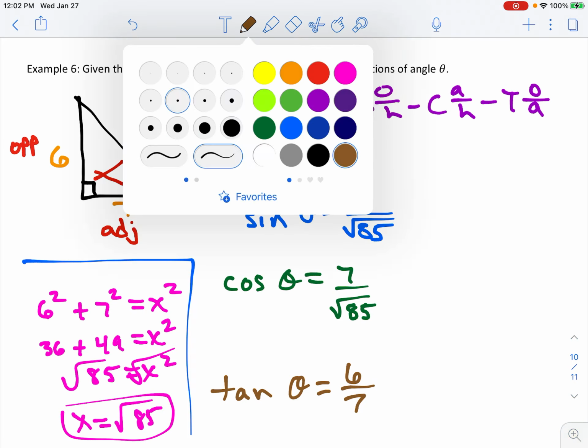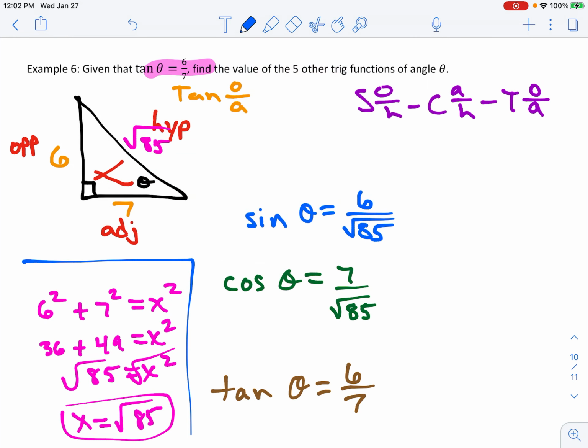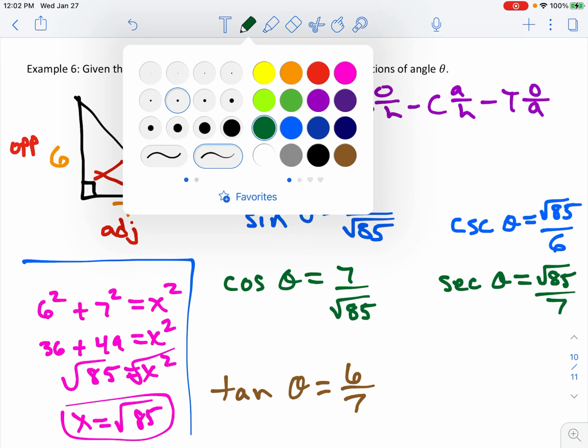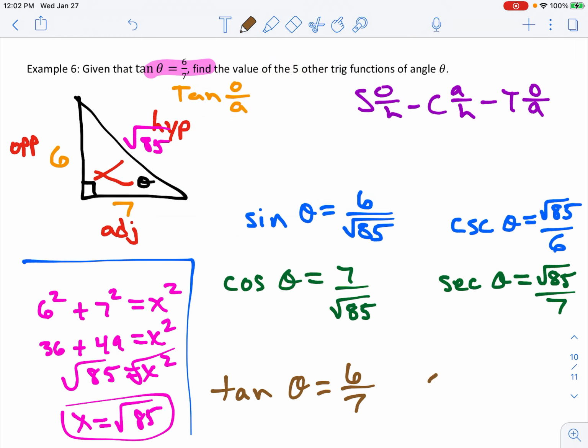After we list our big 3, let's go back and let's list the other 3. So cosecant would be it flipped, so square root of 85 over 6. Well, secant would be it flipped, so square root of 85 over 7. And then the last one, cotangent of theta, would be its opposite, so flip it, 7 over 6.